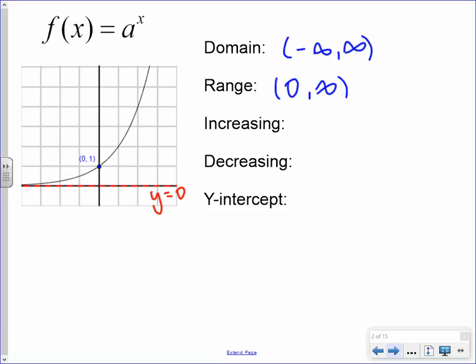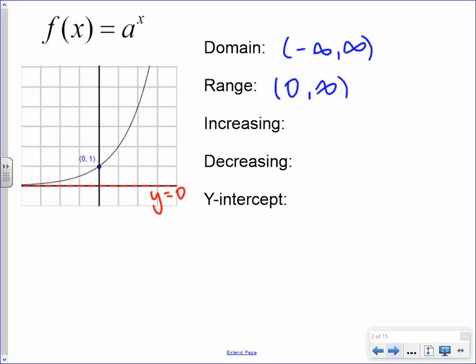Why would that make sense? Can we take a positive number and raise it to a power to get a negative number? We cannot. Because remember, negative powers mean we just take our number and put it in the denominator. So everything's going to stay positive.